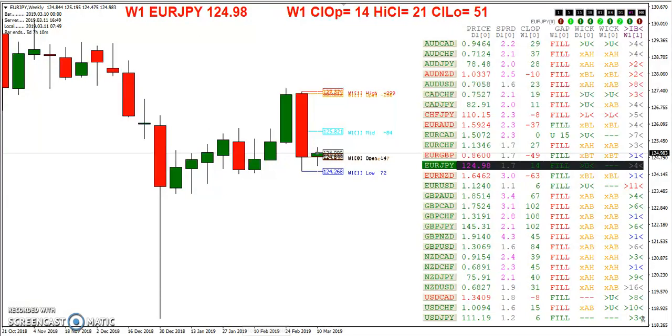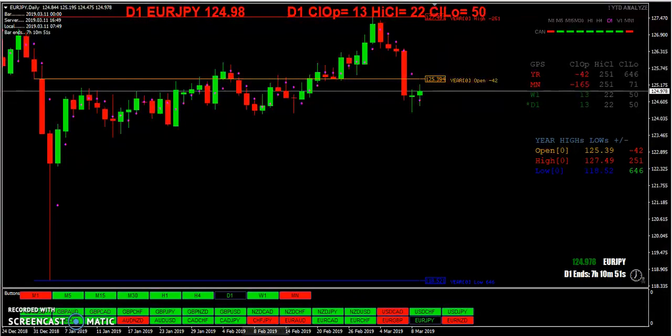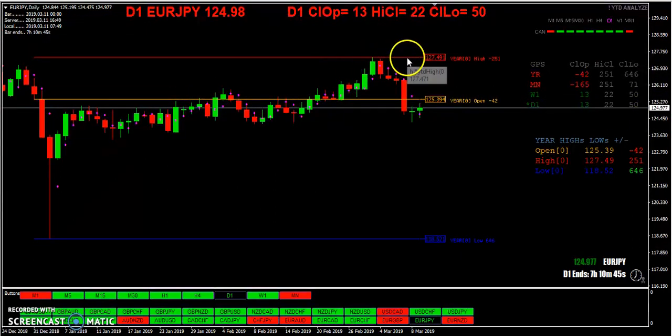Okay. And we've already been on the weekly chart. So we look at the daily, and you can see here we've got the year high and the year low. So price keeps pushing. But what happened? It put in a low and price reversed. It put in a high and price reversed, just like H. Reardon said.